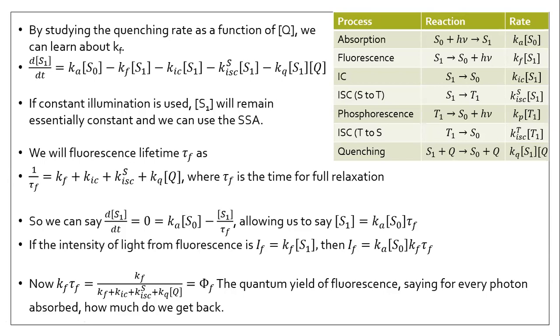It's not going to change because every time it relaxes, it's going to be excited again. So fluorescence lifetime is tau f. 1 over tau f is equal to kf plus kic, essentially all the constants, plus kQ[Q]. Tau f is the time for full relaxation.